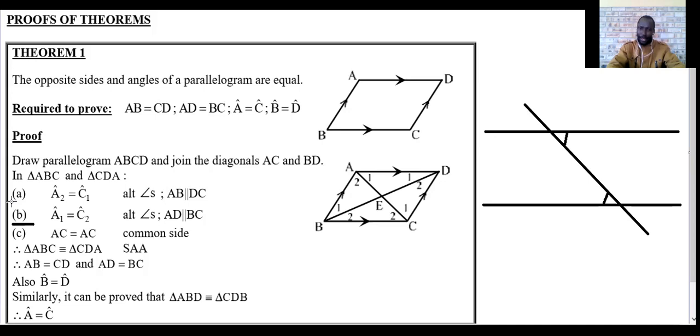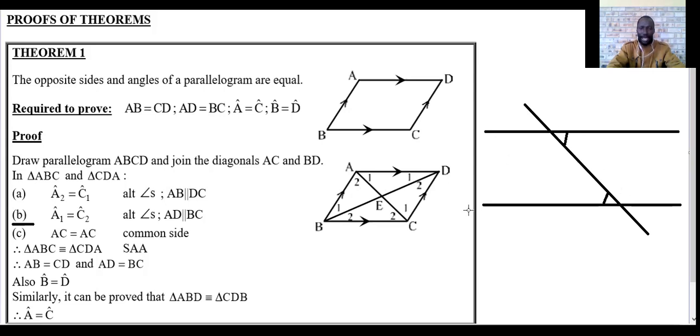Now, the next thing is this lower angle here, this one now, and this other one here. They are also what? They are also alternate angles. Okay, they are also alternate angles. So this other angle here, which is now called what? It's A2 from our parallelogram. So this angle is angle A2, and this other angle also C2.